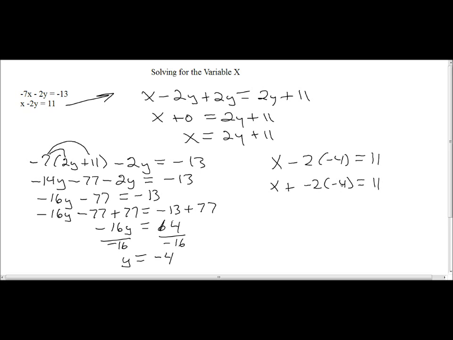So that way you can see that that's a negative times a negative. So that'll be x plus 8 is equal to 11, and we just simply subtract 8 from both sides. So that'll be x plus 8 minus 8 is equal to 11 minus 8, and x is going to equal 3. So we wind up with an ordered pair of 3, negative 4.